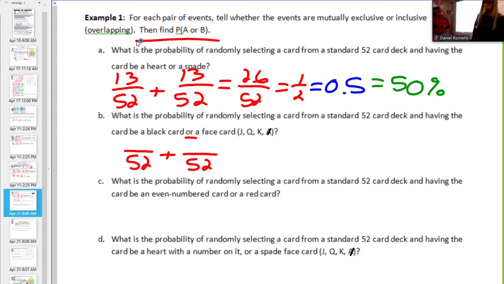How many black cards are there in a 52 card deck? Very good. And how about face cards? Face cards are jacks, queens, and kings. How many jacks, queens, and kings?